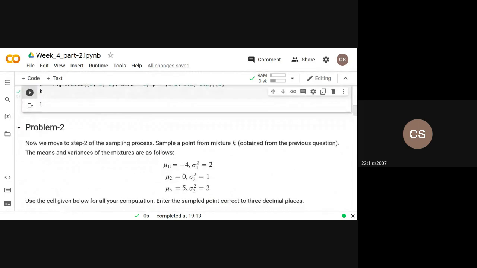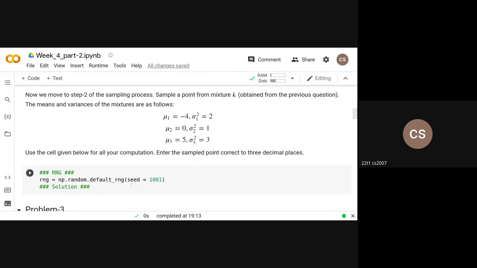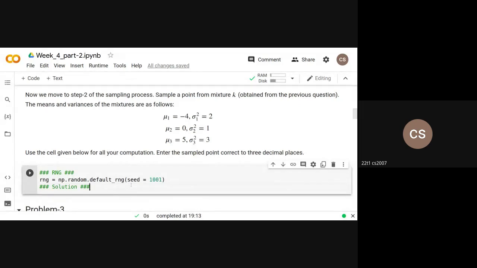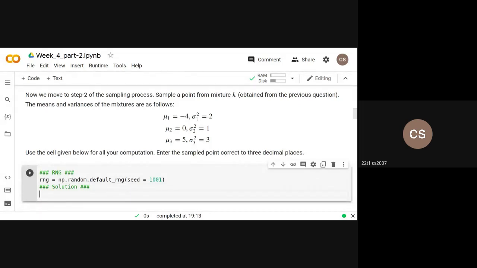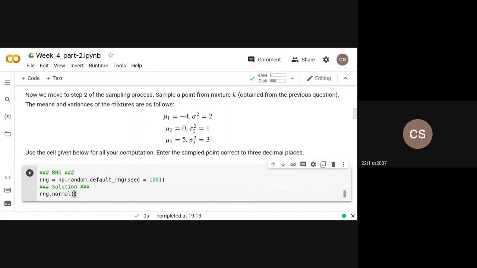Okay, so in GMMs, once you choose a mixture, what should you do next? You have to sample a point from that particular mixture. Here again, that is going to be quite simple. You sample a normal distribution with the mean and standard deviation of that mixture.